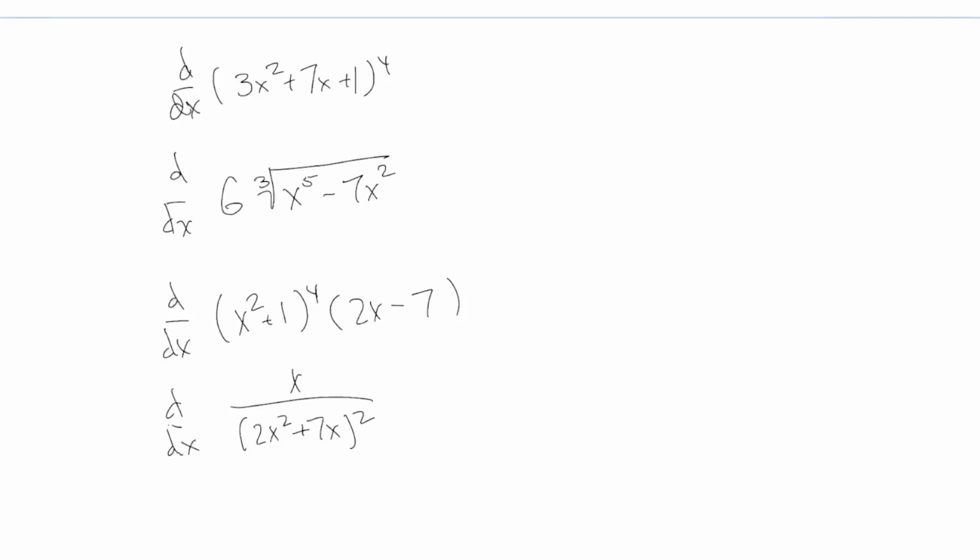This one is not quite right. You have 2 things here, just like you just did. You have 2 things multiplied together, so make sure this is the product rule.